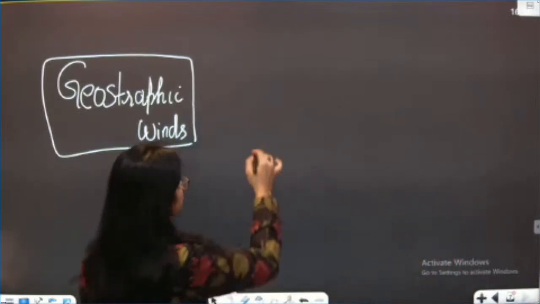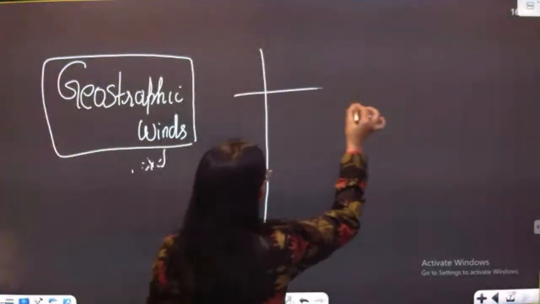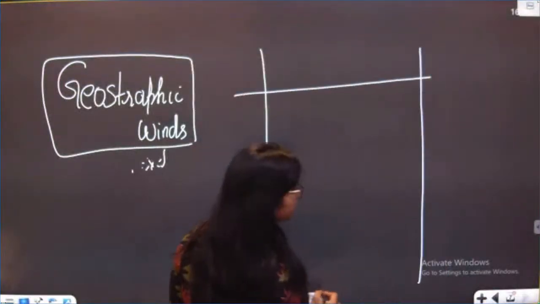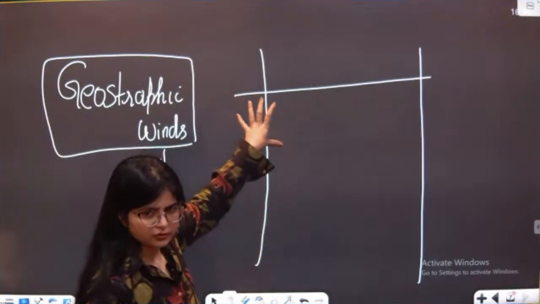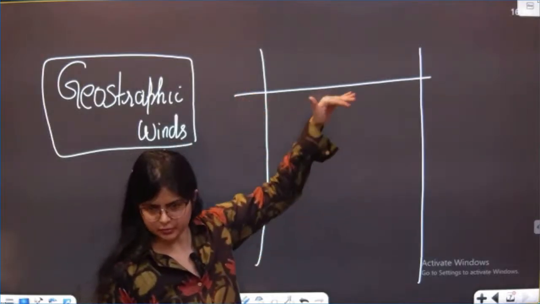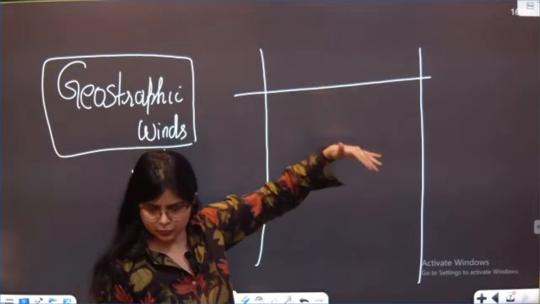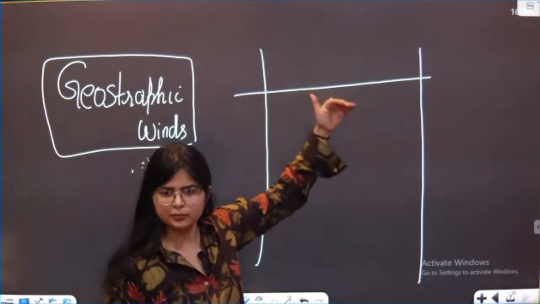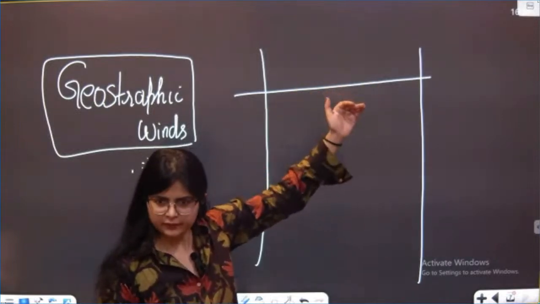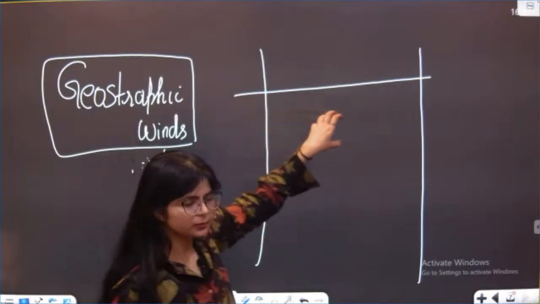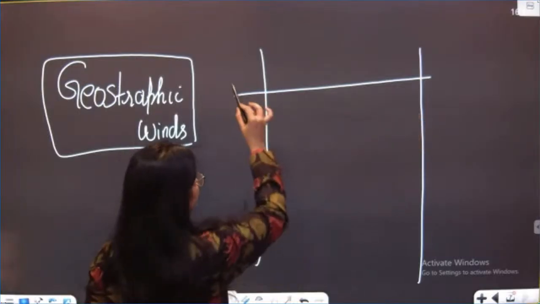I have drawn the diagram also. This is the troposphere. In the layers of atmosphere, we have different layers: troposphere, stratosphere, mesosphere, thermosphere, exosphere. Remembering, right? So these winds only blow in this part.